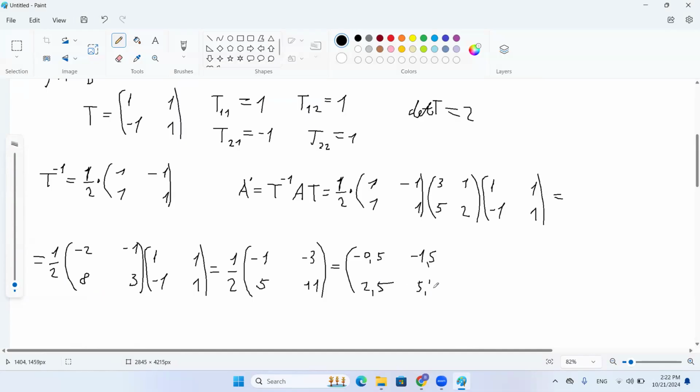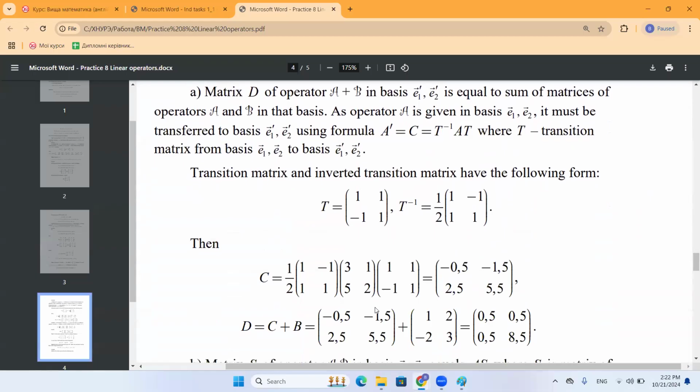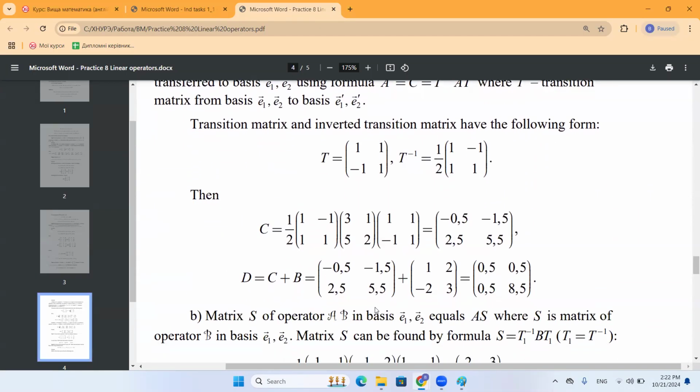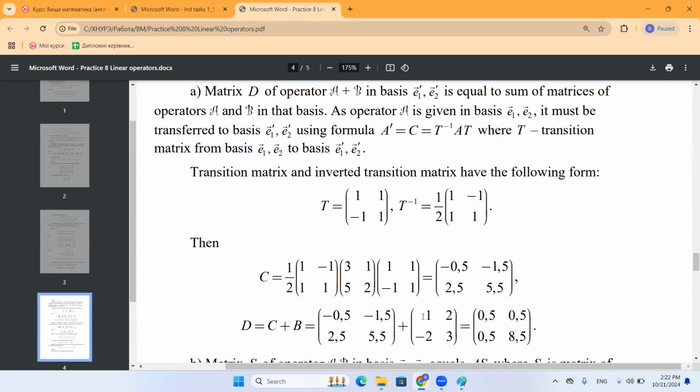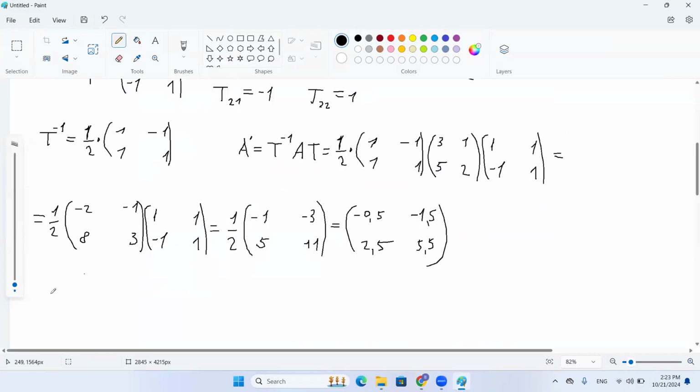And now let's check with the example. Yeah, so matrix C. So A prime, and then we need also to add these matrices. Of course, not to forget it.